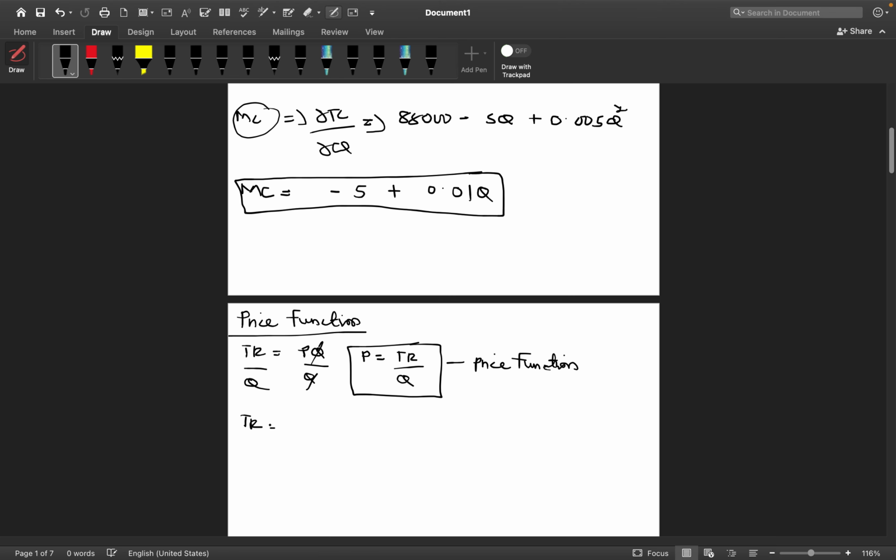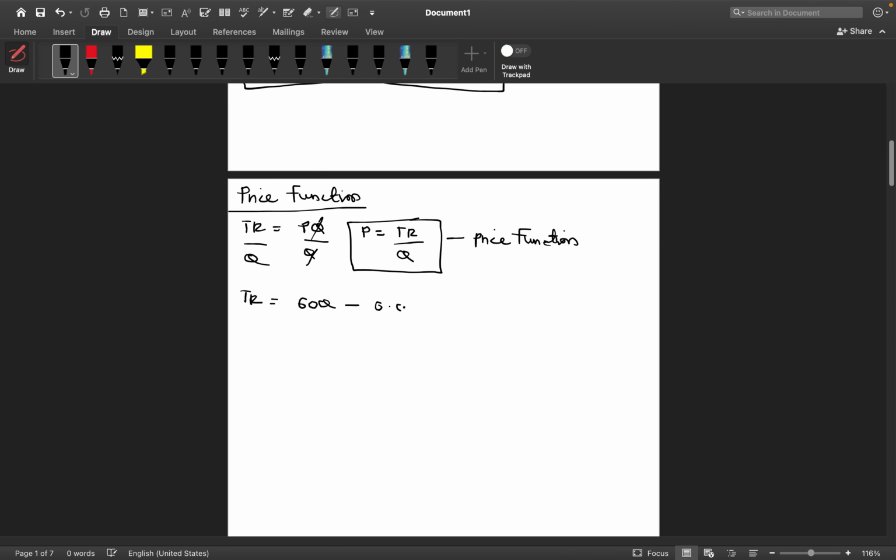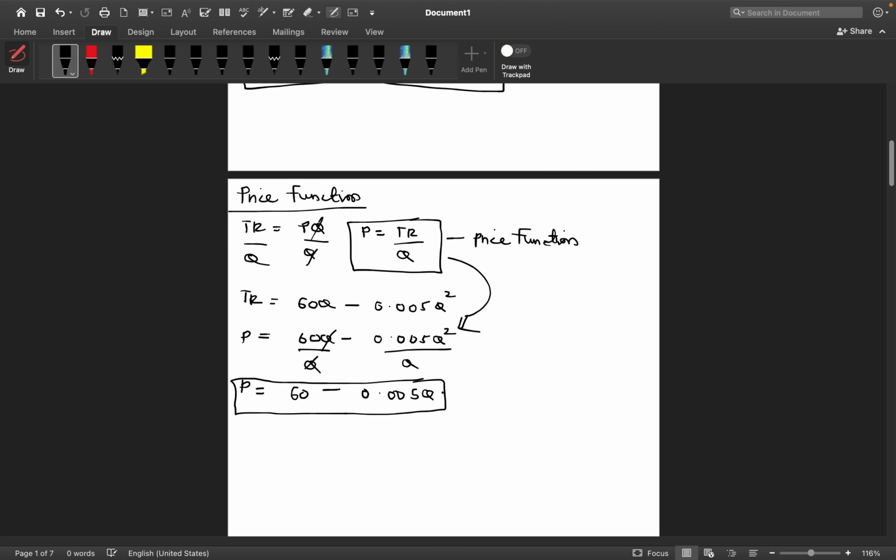So price is equal to total revenue divided by output, 60Q minus 0.005Q squared, divided by Q. Q cancels Q, so I have just 60 here, minus 0.005Q, since we are left with only one Q. So this becomes my expression for price, or the price function.